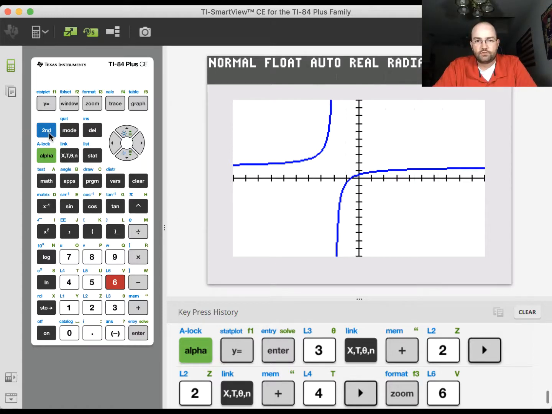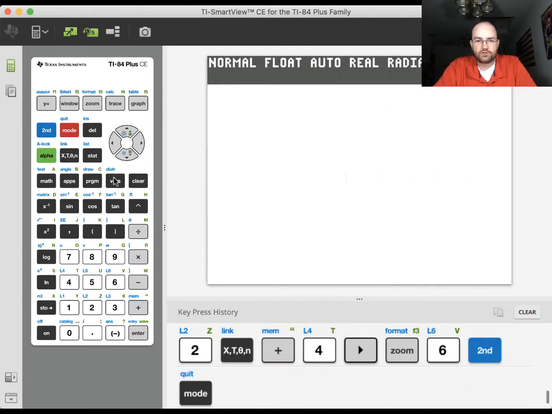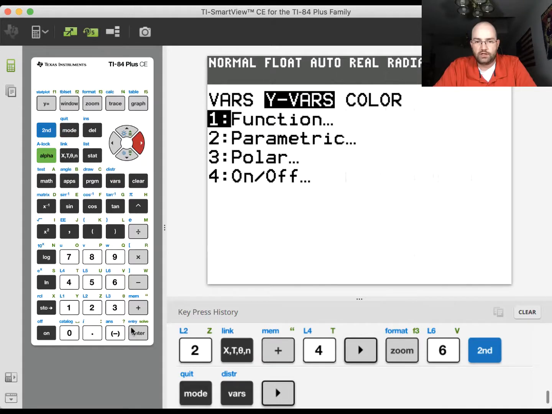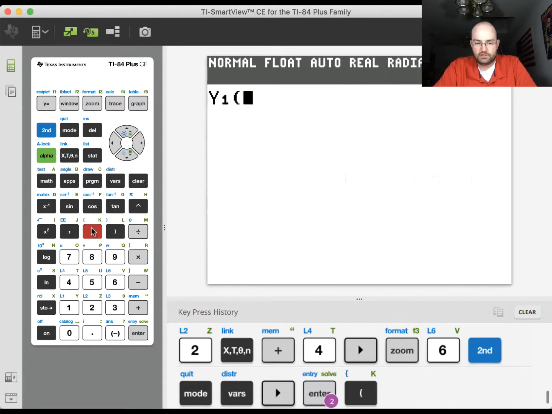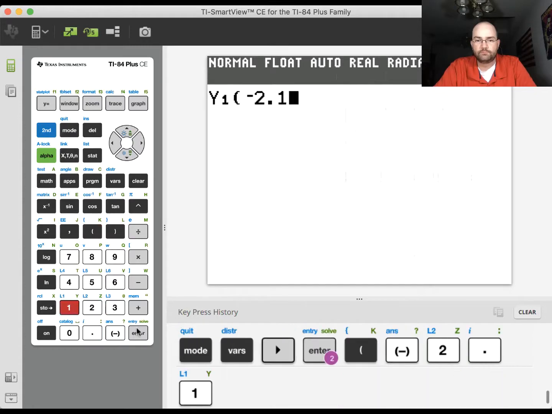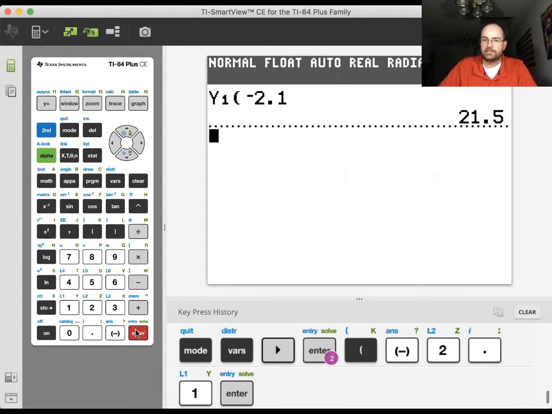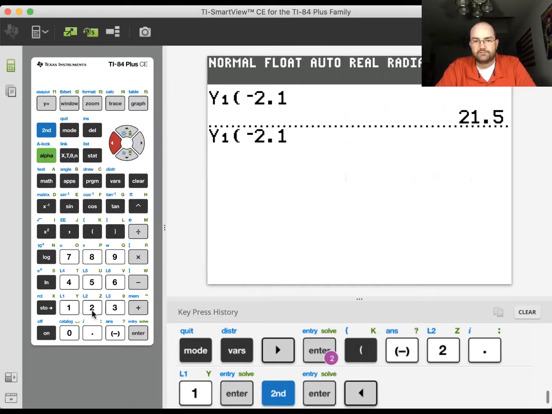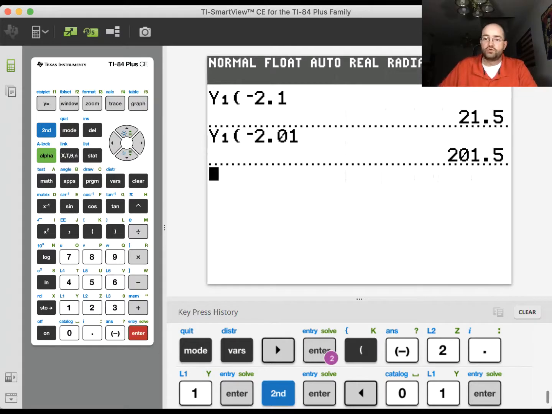Let's quit to the home screen, vars right 1, enter, enter, and ask what is y1 of -2.1. That gives me 21.5. Let's do this again with -2.01. That gives me 201.5.